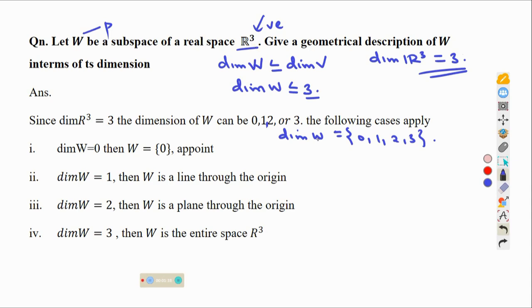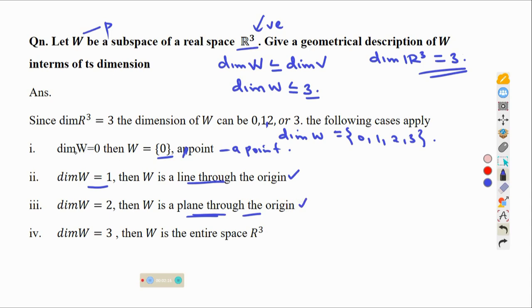So if the dimension of W is 0, then W contains only the zero vector, and in that case we call it a point. If the dimension of W is 1, then it is called a line through the origin. If the dimension is 2, then we call it a plane through the origin.